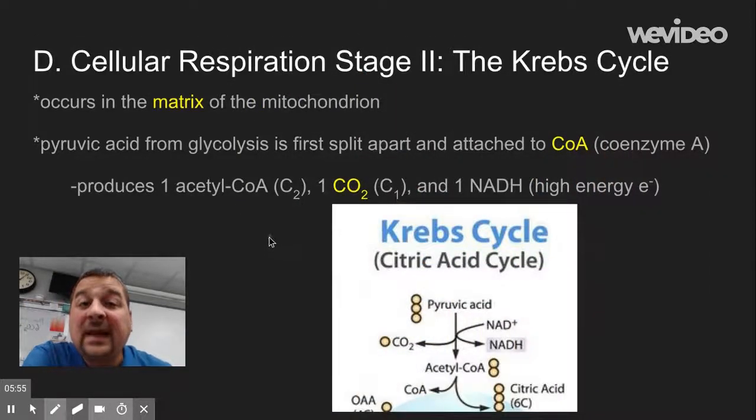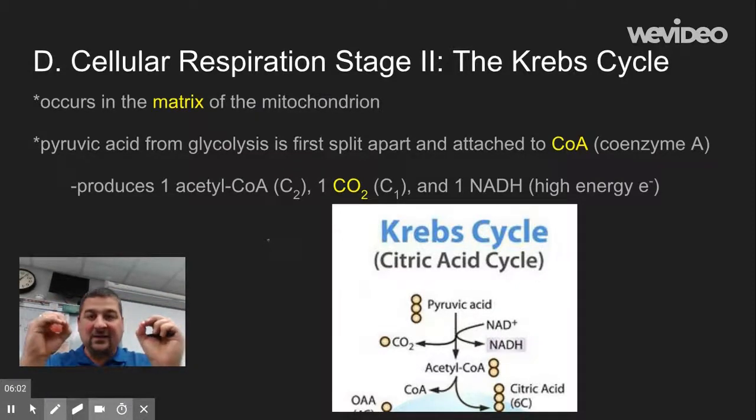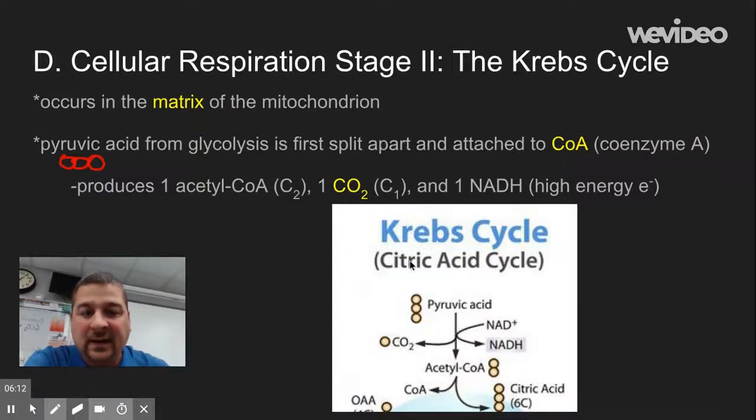The first thing that happens: you remember in glycolysis, you had the glucose, and the 6-carbon molecule was broken into 2 pyruvates, or pyruvic acids, which have 3 carbons. So you see it down here, pyruvic acid. This is coming from glycolysis.